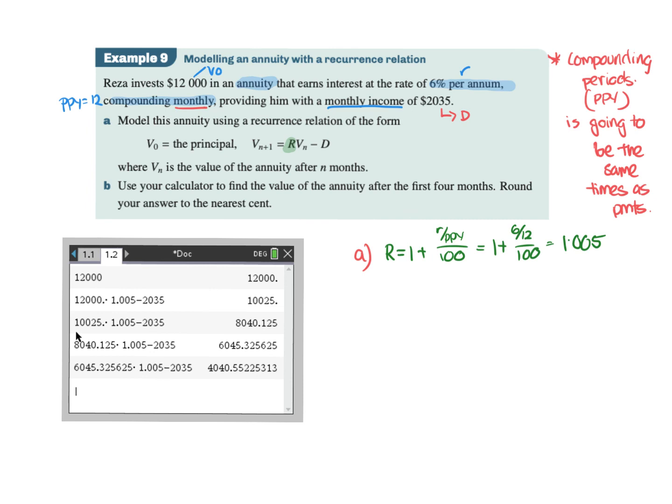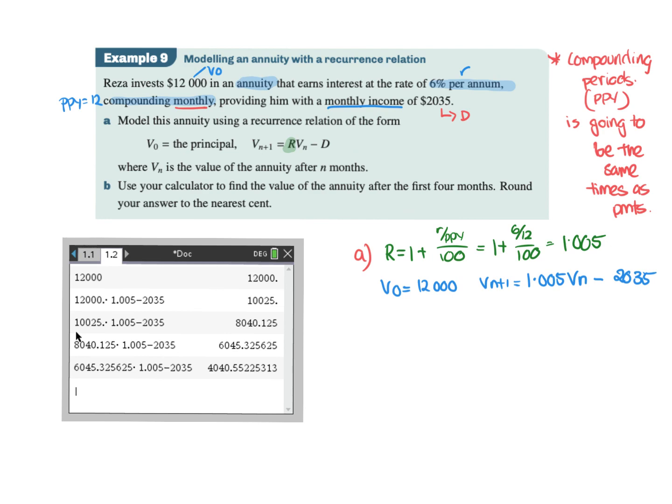Okay, so now I've done that, I can write the recurrence relation that they want. V0 was 12,000, and V(n+1), how we get the next term, is we times V(n) by that number greater than 1, but we're going to minus that income, which is 2,035 every month.